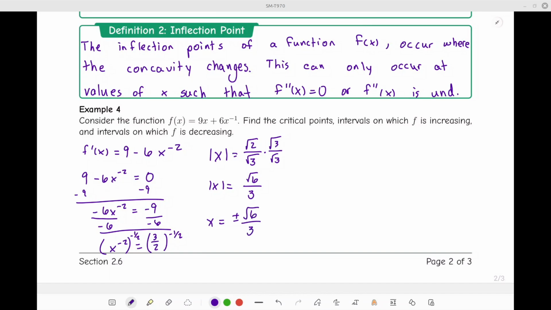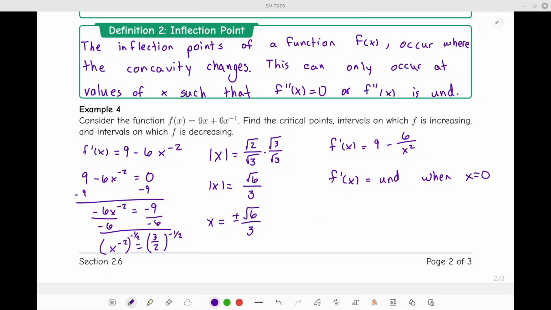Now you might think these are our only critical points, but I wanted to point out that f prime of x can also be written as 9 minus 6 over x squared. So because there's a fraction here, we have to think of where it's undefined. F prime of x is undefined when x equals 0, because if we plug 0 into the denominator, we get dividing by 0, which is not allowed.